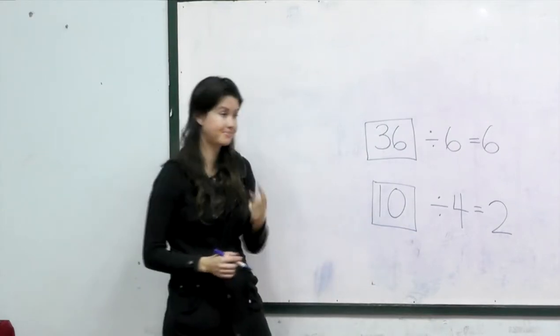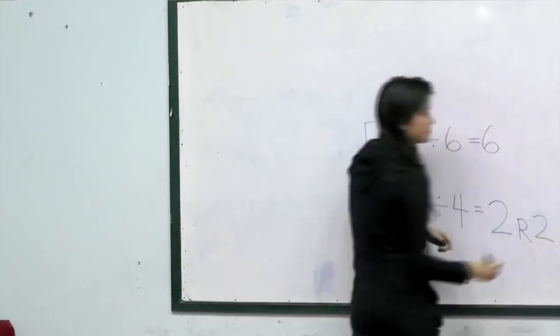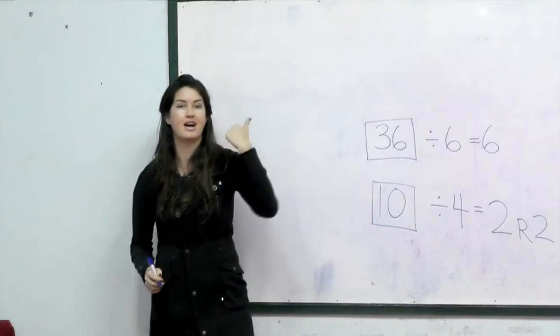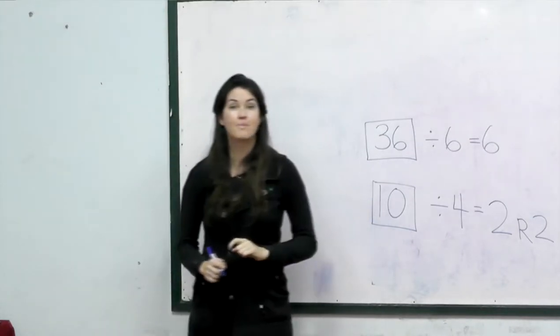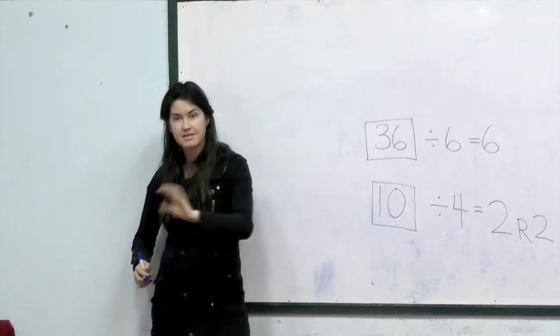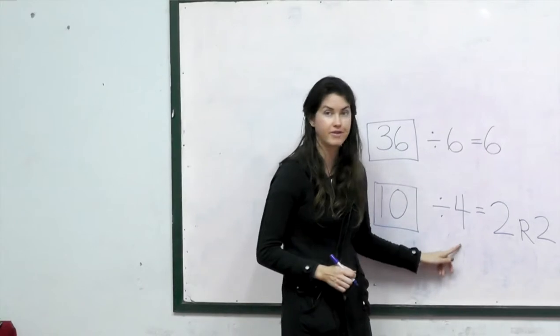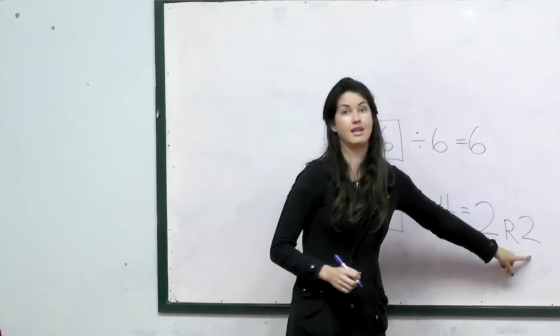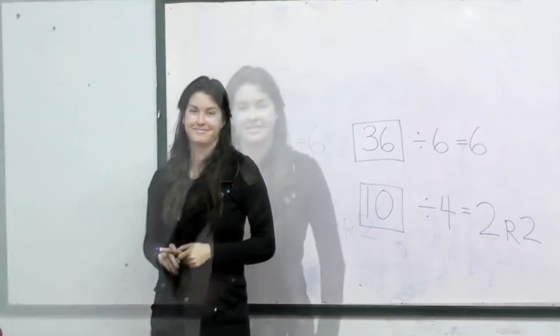Good job, friends. R2. Because we stopped at 8, we need to count 9, 10 to get our 10. So Pen's got 2 puppies for each of her 4 friends, and she's got 2 puppies left over for herself to keep.